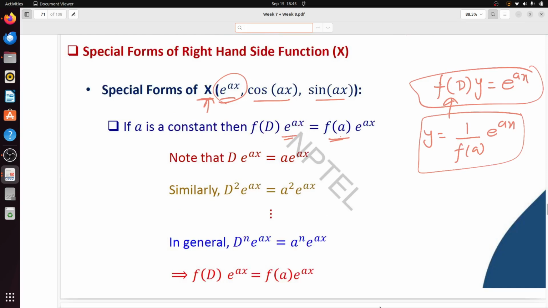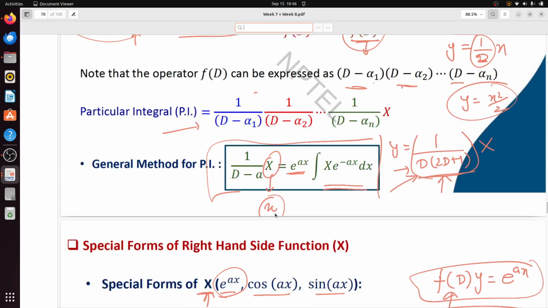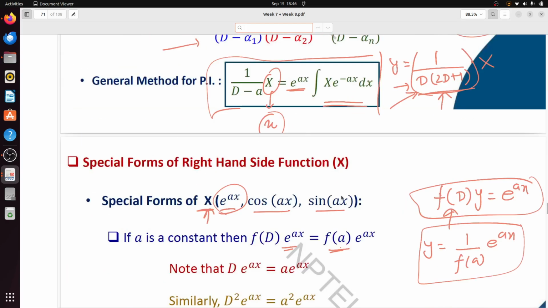So there are some special forms of the right hand side function. If you have e to the power ax, cos ax or sin ax, like this function, and you are operating 1 by f(D) on e to the power ax, then your particular integral will be just, instead of f(D), you take f(a).